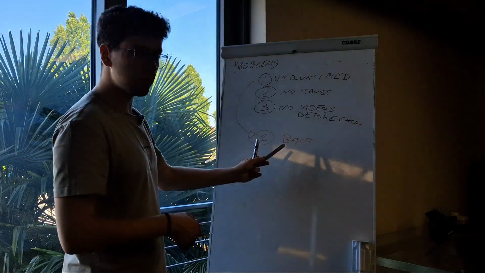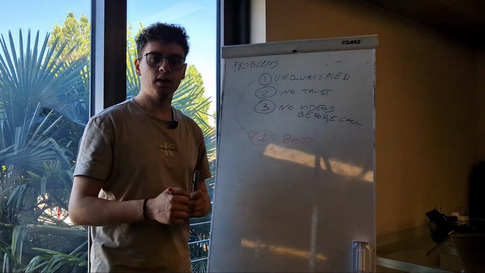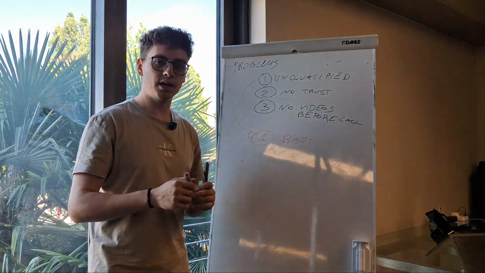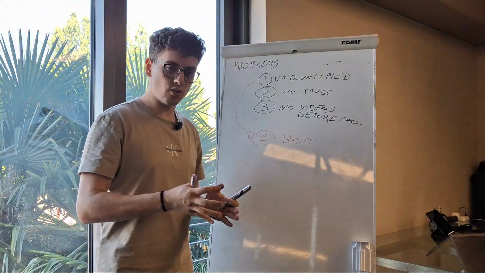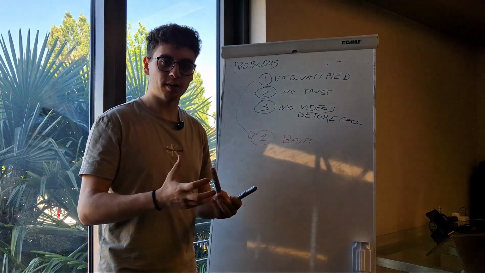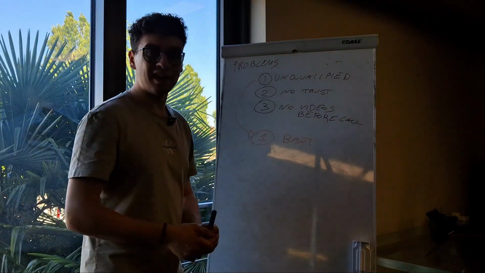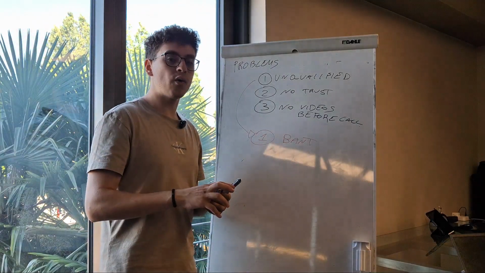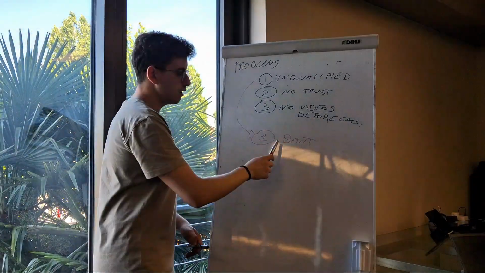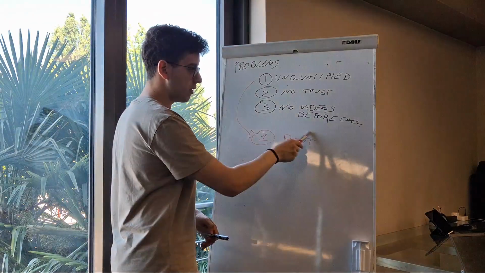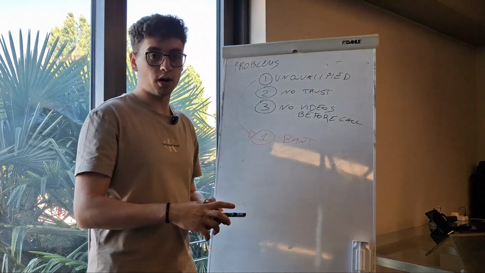BANT stands for budget, so people need to have the money. Authority, people need to be the decision makers. Need, so people need to have a real pain that they want to actually solve. And then we have timing. So timing is, are they willing to solve it right now? So if they're qualified, they will have all these things, and the probability of the lead to actually buy is pretty high.